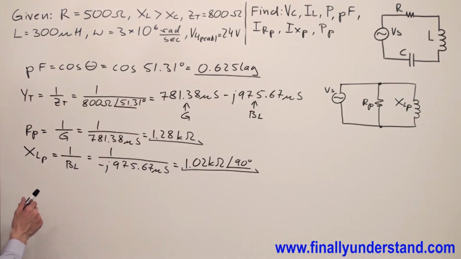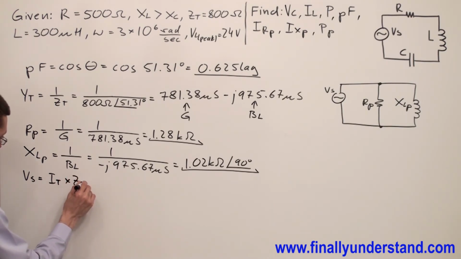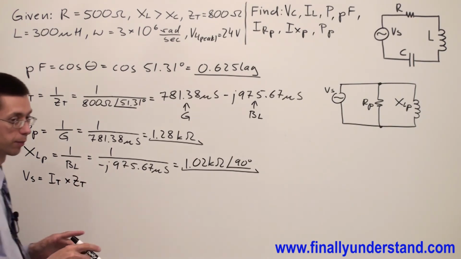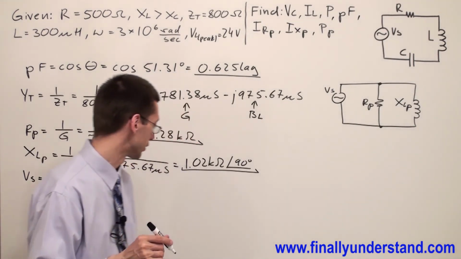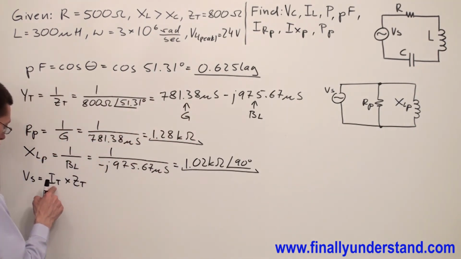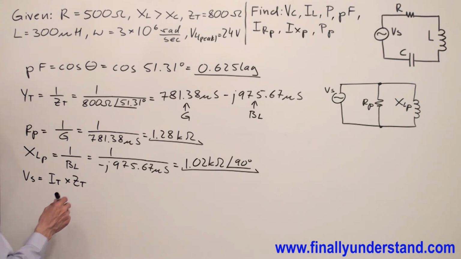So in order to find the current, I'm supposed to also find the voltage. Voltage source is equal I total times Z total. But because I make the assumption that voltage source has angle 0 degrees, I'm going to use just magnitudes of total current and Z total to find voltage source.